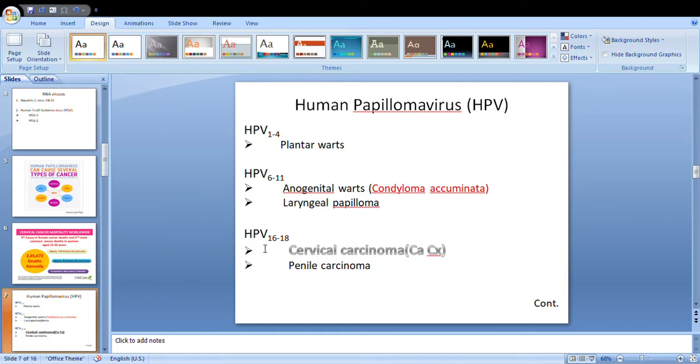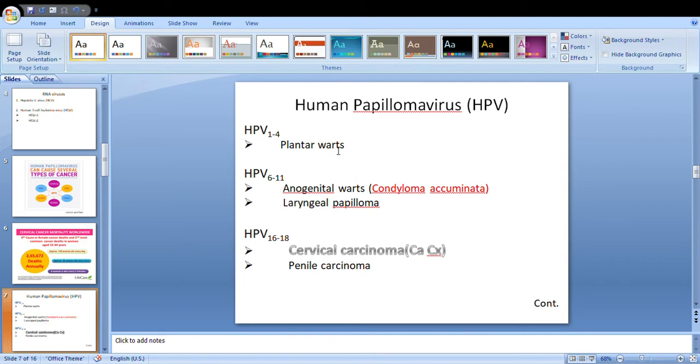And human papilloma virus 16 to 18 is the cause of cervical carcinoma and penile carcinoma.